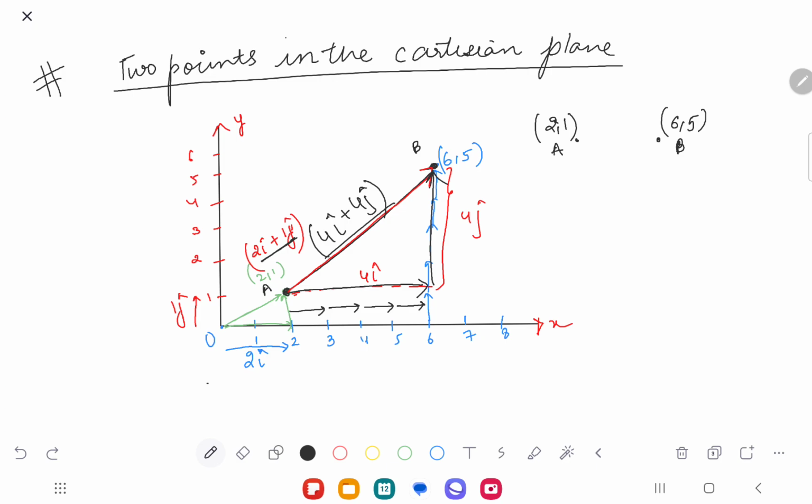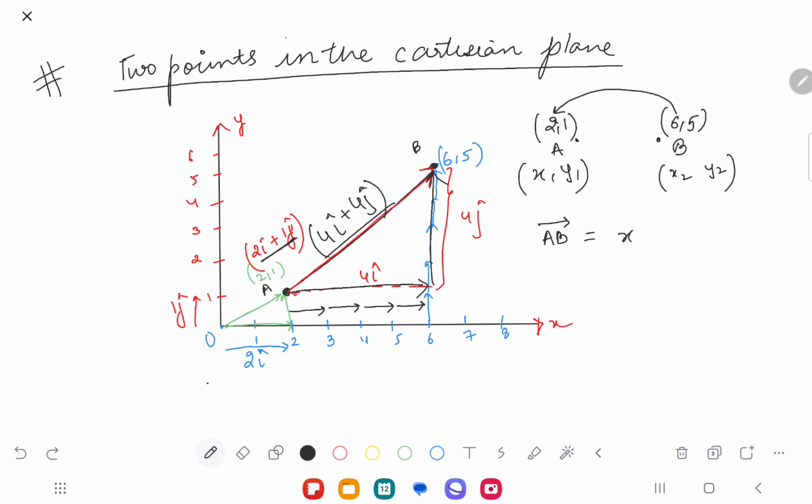What am I trying to tell you here? You have to do what? We have B, right? So what am I going to do? 6 minus 2. So this is x1, y1, and this is x2, y2. So I will make the vector. I want you to tell me what is vector AB.